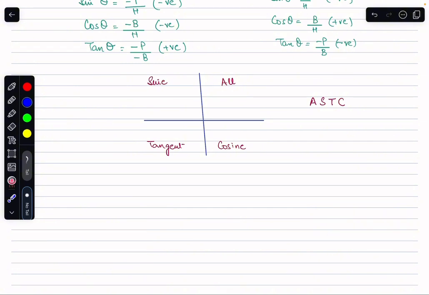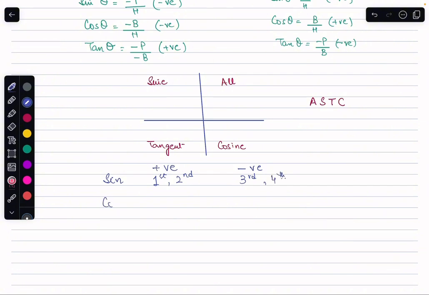Meaning if we talk about sine, then sine is positive, let's write it down also, sine ratio is positive in the first and the second quadrant and negative in the third and fourth quadrant.